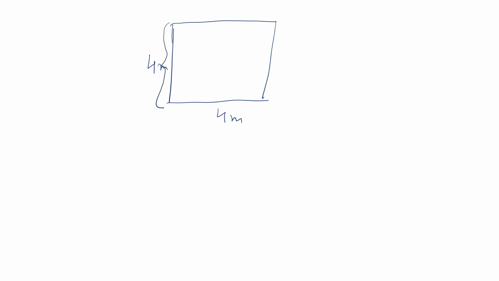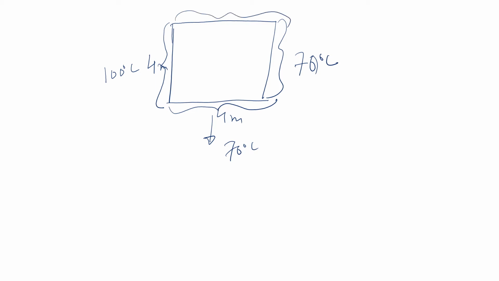This left hand edge, suppose it has a temperature of 100 degrees centigrade. This downward edge has a temperature of 70 degrees centigrade, the right hand edge has 70 degrees centigrade, and the upward edge has say 50 degrees centigrade. Now what we want to know is the temperature inside this square plate.